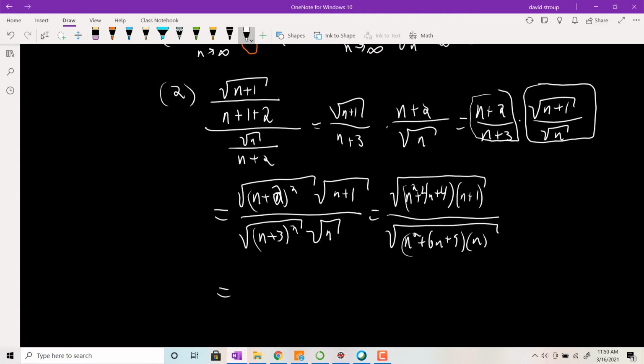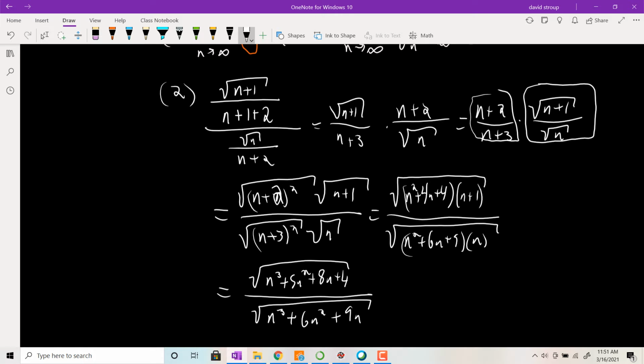I'm not thinking this off the top of my head. But anyways, the numerator at that point, if you were to factor that out, would be n cubed plus 5n squared plus 8n plus 4. And then down below, you'd have the square root of n cubed plus 6n squared plus 9n.